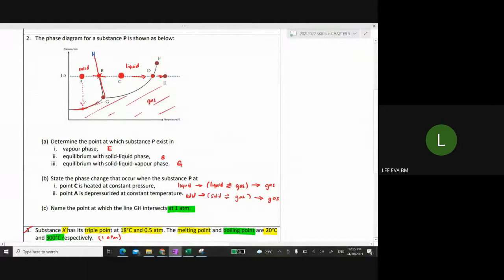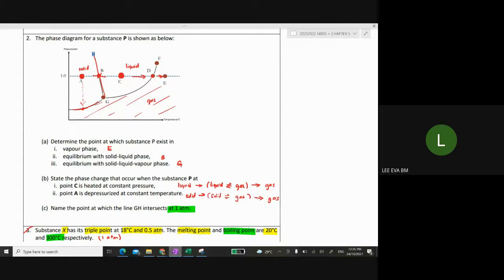So in front of freezing point, what should you put in? Come on. 1 ATM. You start with N. Boiling point? Solid to liquid, it refers to melting or freezing process, right?